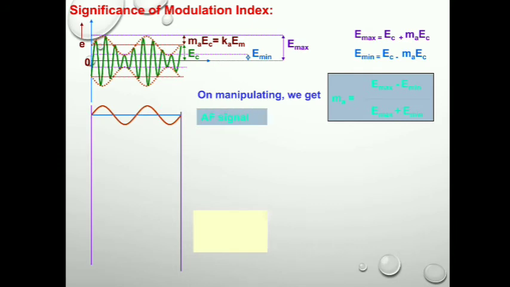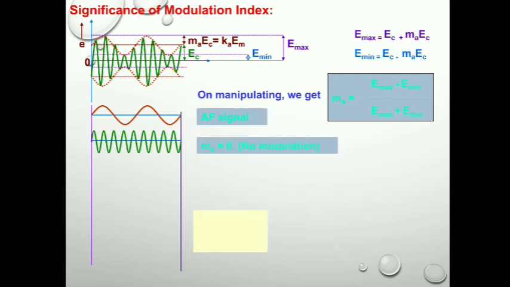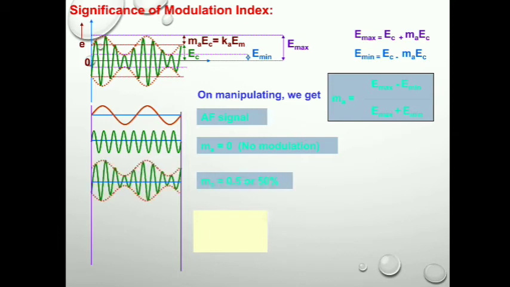So this is the audio frequency signal, and this is which one? Carrier wave. So in between, no modulation, and this is the amplitude modulated wave. The modulation index is 0.5 or 50%.